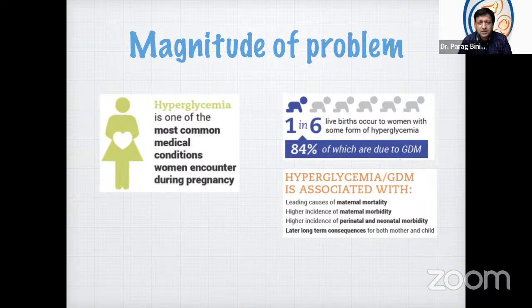It is estimated that 1 in 6 live births occurs to women with some form of hyperglycemia, and 84% of it is due to gestational diabetes mellitus. Hyperglycemia or GDM is associated with maternal mortality, higher incidence of maternal morbidity, and higher incidences of perinatal and neonatal morbidity, and later long-term consequences, which are really going to be bothersome for the mother as well as the child.